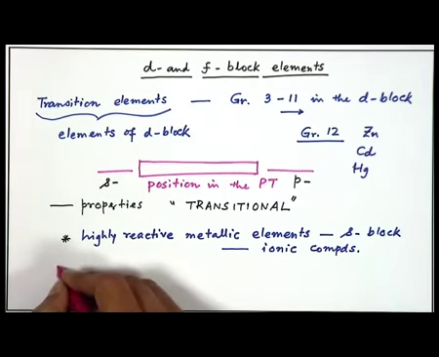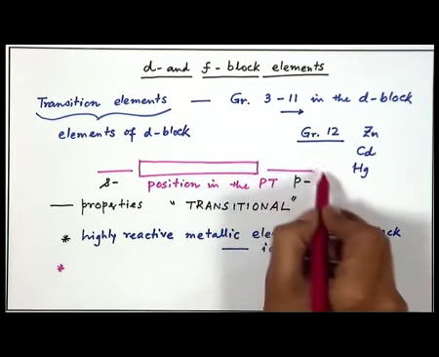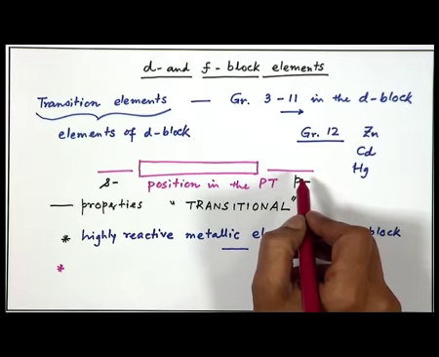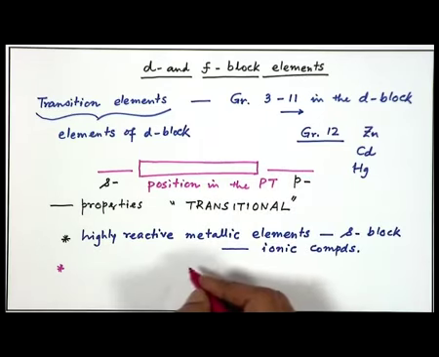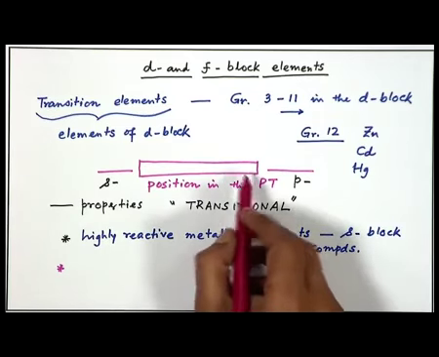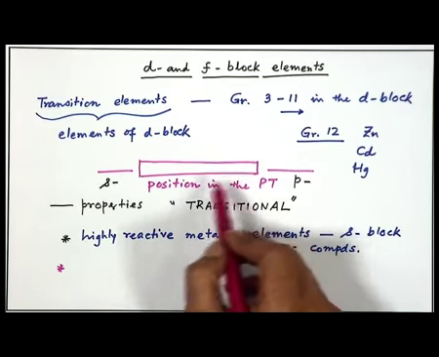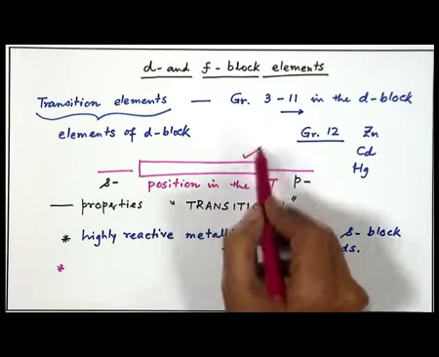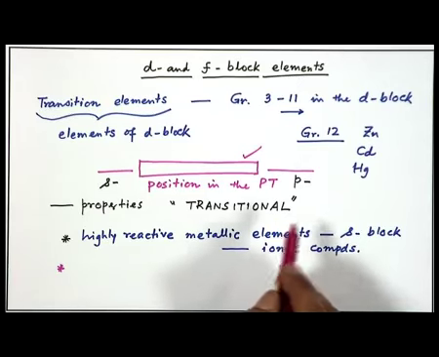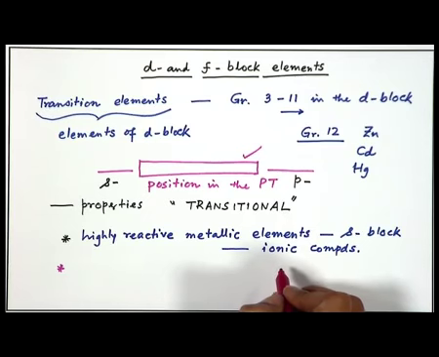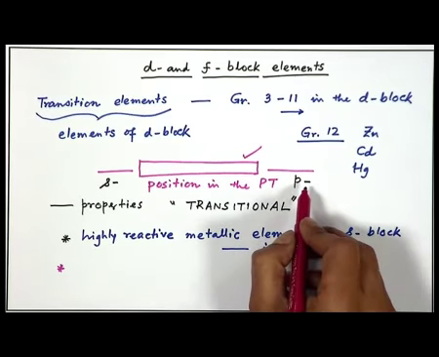We know that the elements on the right hand side, including the halogens, form the corresponding compounds in the p block, but these p block elements are largely covalent. So, they will inherit some property from these p block elements also, and in the latter part of the periodic table, on the right hand side of these d block elements, they will also show some covalent character related to these p block elements.